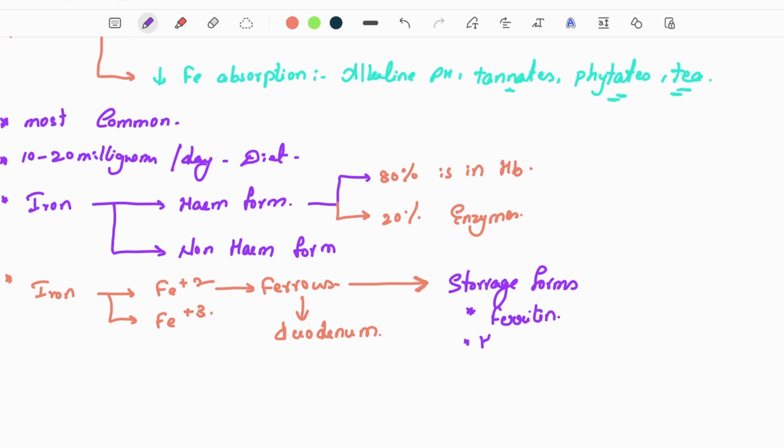Second one is hemosiderin. So these are the storage forms of iron. When the iron has to be transported, it is transported in the form of transferrin. So this is the transported form.